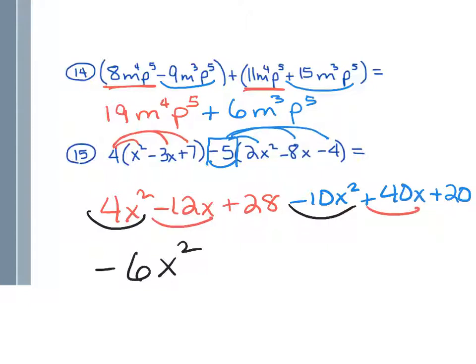So -12 plus 40 gives me positive 28x. And lastly, the constants, positive 28 plus 20 gives me 48. And again, my answer is in standard form. It's from the largest exponent down to the constant. It's like a countdown.